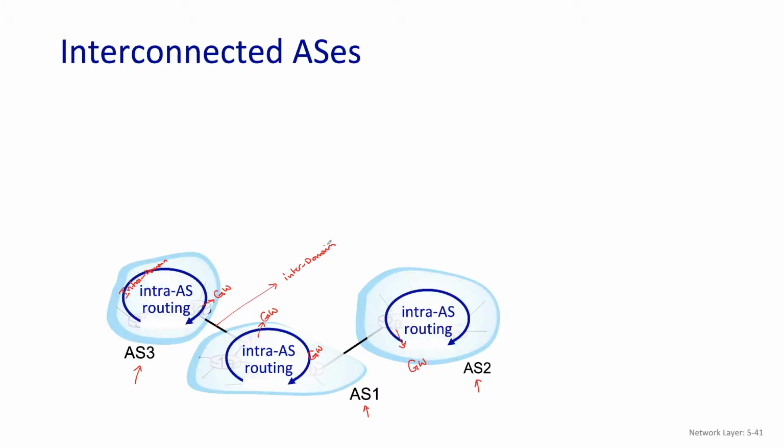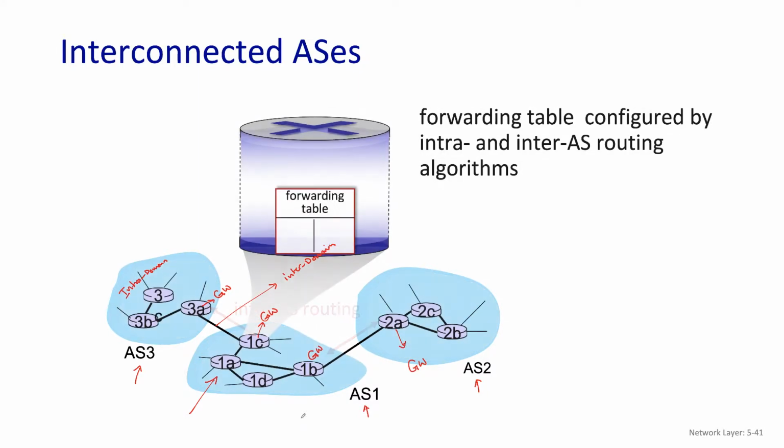Okay, so now, as we mentioned before, all the routing protocols within one autonomous system must be the same, right? Let me try to delete these writings. So if we think about 1C, what do we have in 1C? We should have two main components there.